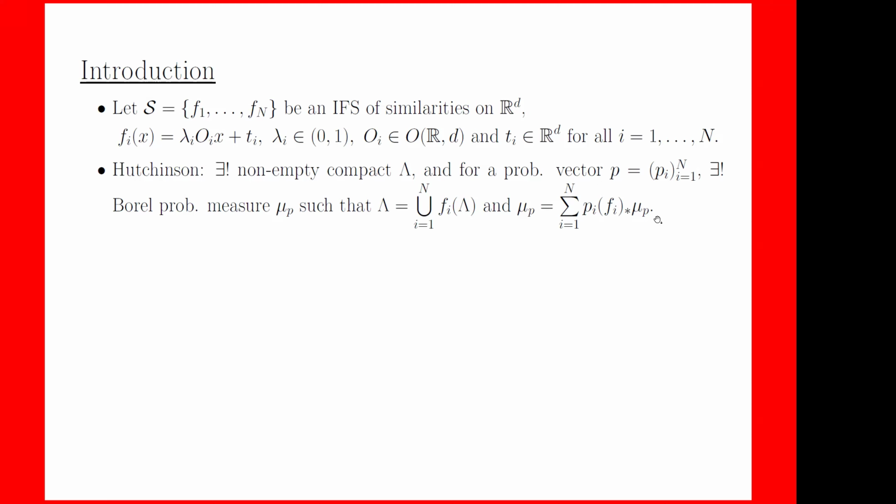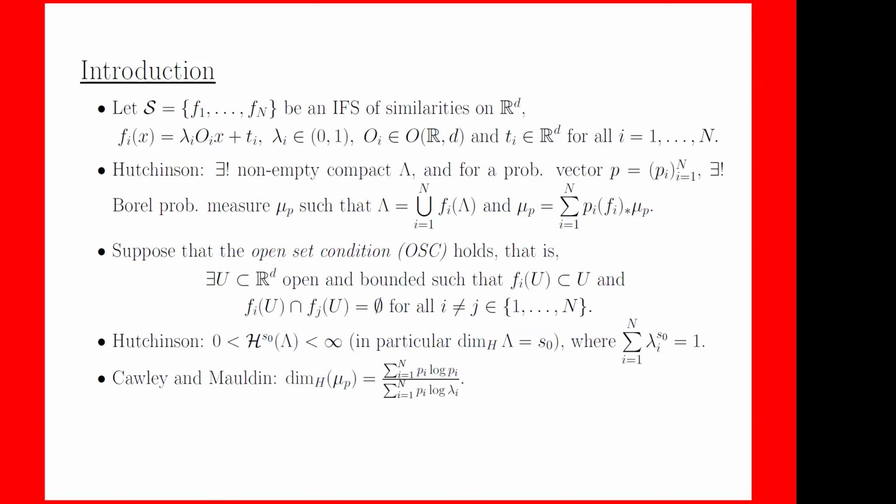Our standing assumption will be that we have the open set condition. So we suppose that there is an open and bounded subset, which is invariant, namely all the maps of the IFS map it into itself, and the images via two different maps are disjoint. It's also a well-known theorem by Hutchinson that in this case, this set is very friendly and nice.